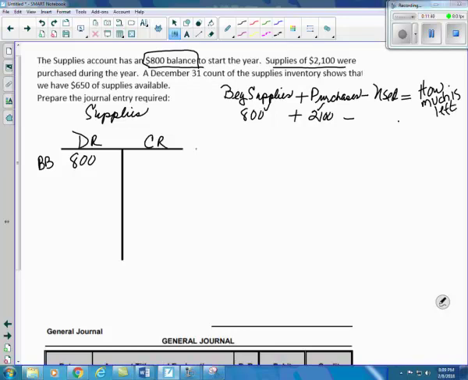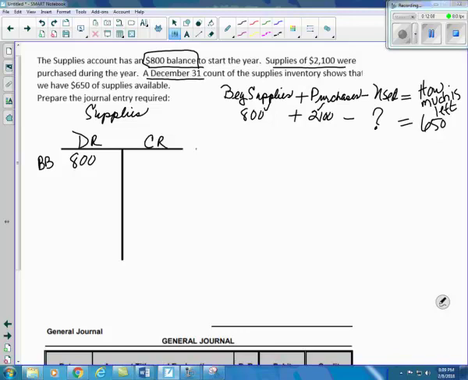In this case, they tell us we have 650 left. Where do they tell us that? In this sentence right here, they said that a December 31st count of the supplies inventory shows that we have $650 of supplies still available. So what we don't know and what we need to know is what have we used.